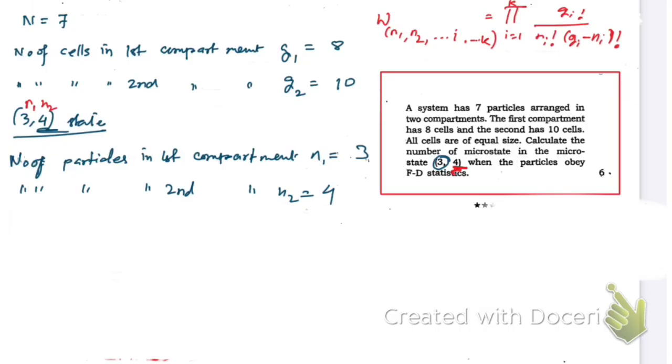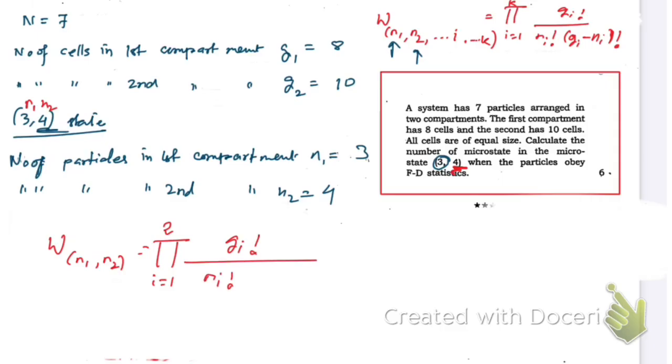Okay, so here we have only 2 states, N1 and N2, so that's why this becomes W of (N1, N2), and in that case this product will be from i equal to 1 to 2 only, Gi factorial by Ni factorial into (Gi minus Ni) factorial, right?